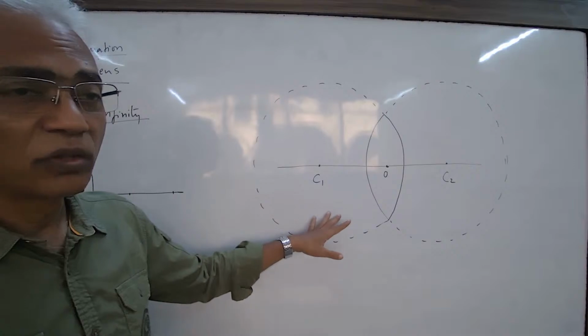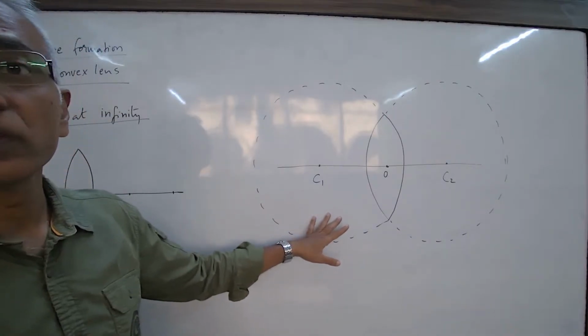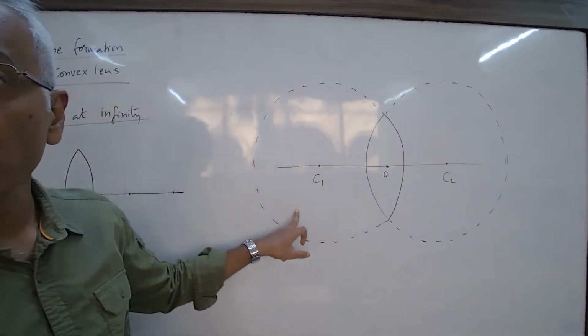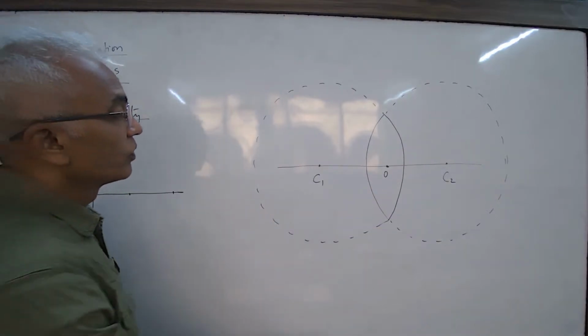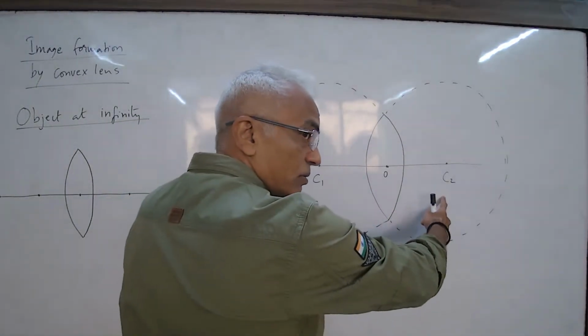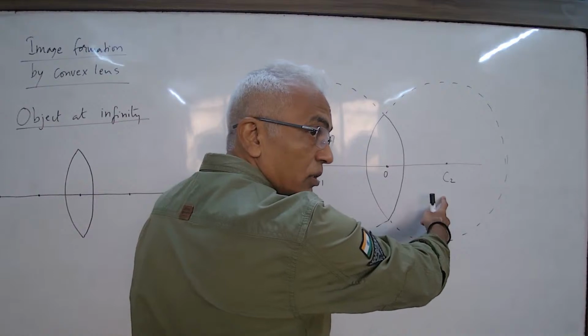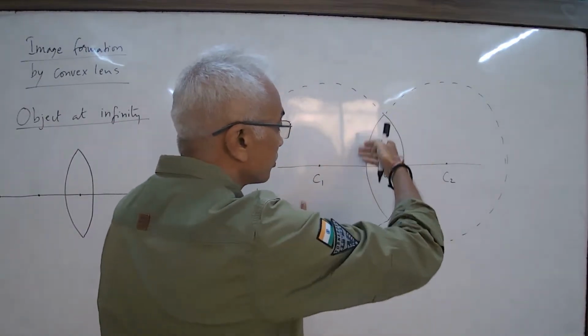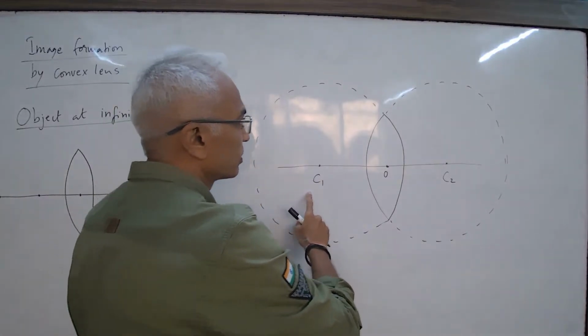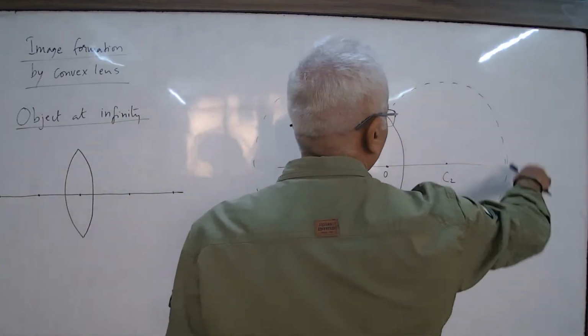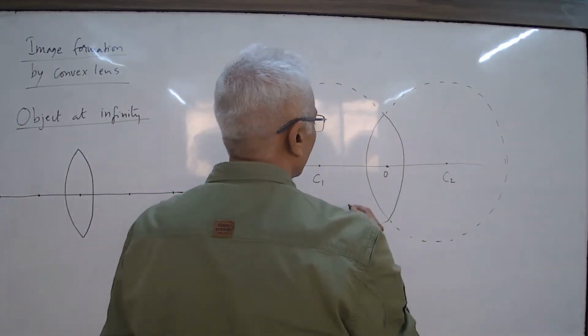So this is similar to what we did for mirror. Only difference is mirror was a hollow sphere. Here it is a solid sphere. So it has 2 centers of curvature, because it has got 2 spherical surfaces. For this spherical surface, this is the center of curvature, and for this spherical surface, it is here.